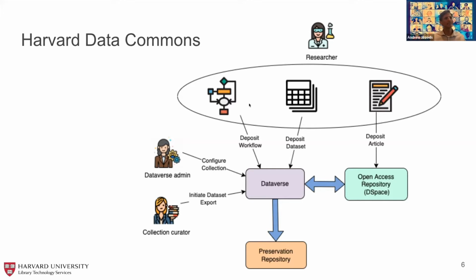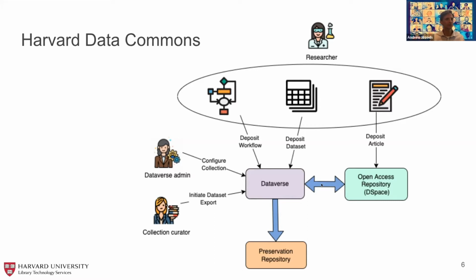One is facilitating the deposit of computational workflows into Dataverse. The other is opening the door more broadly to diverse and larger data sets into Dataverse. And thirdly, creating an integration and cross-linking between content that's in the open access repository and data sets in Dataverse.